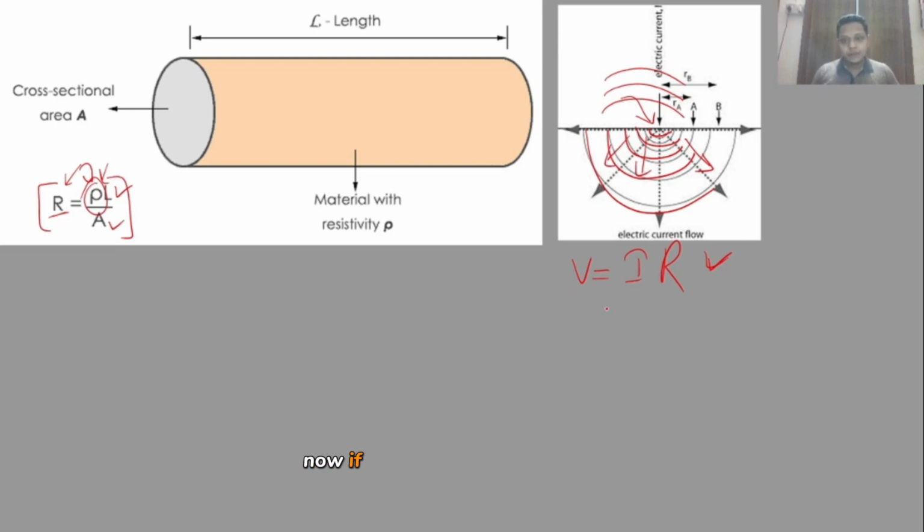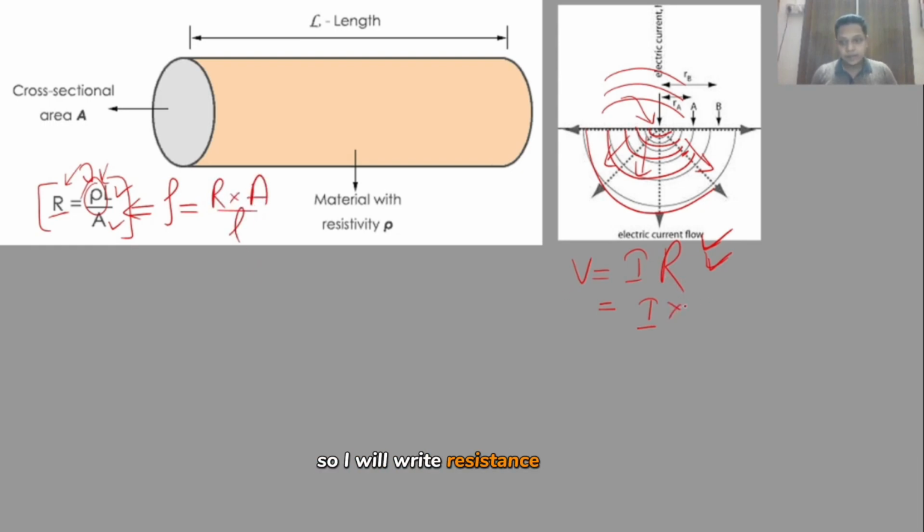Now, if I were to calculate the voltage, or we can say potential difference, at any point, let's say which is r or dr distance apart, I can write this formula as I, and here also I can write resistivity instead of resistance as shown by this formula. So I can just simplify this for a bit, and I can write resistivity from here as resistance multiplied by area over the length.